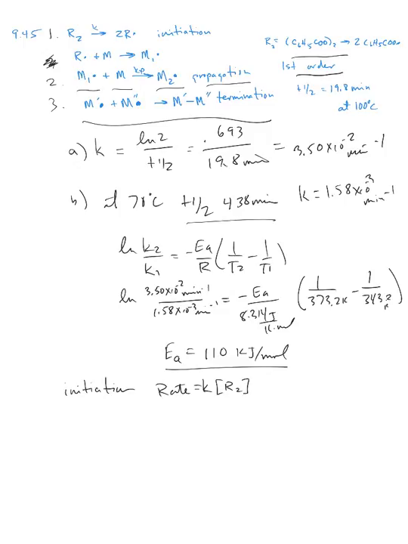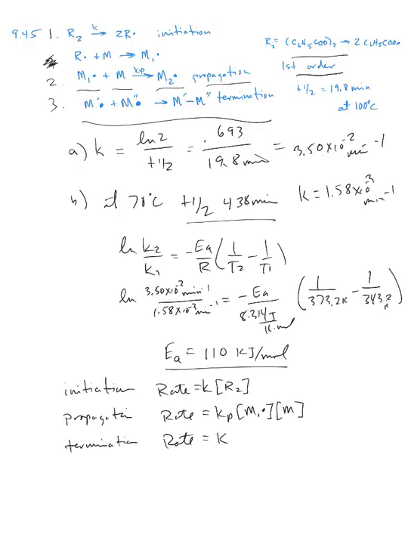So that's pretty straightforward. The propagation step is going to have a rate that they say kp times the concentration of the radical times the concentration of the monomer. So that's an overall second order equation.